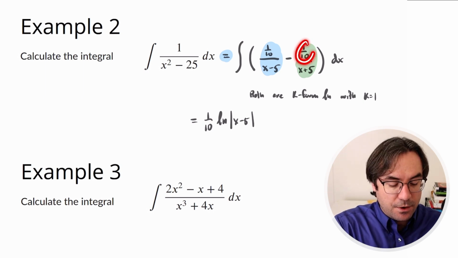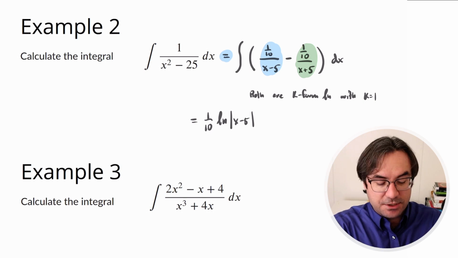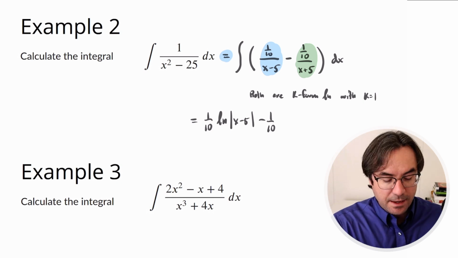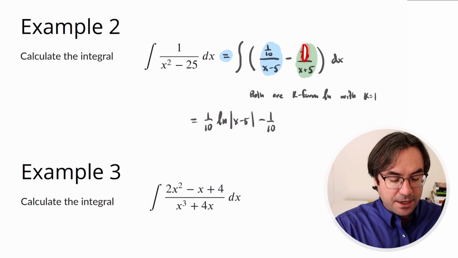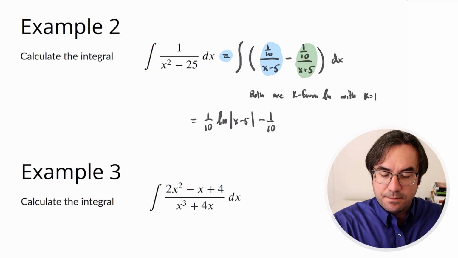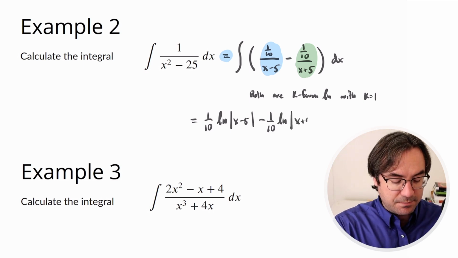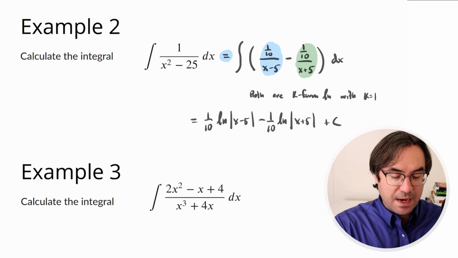Same thing with the 1 over 10 here: it's a constant multiple, so we put it first. The integral of 1 over x plus 5 is again our k-form, so we get natural log absolute value x plus 5, and then plus c.